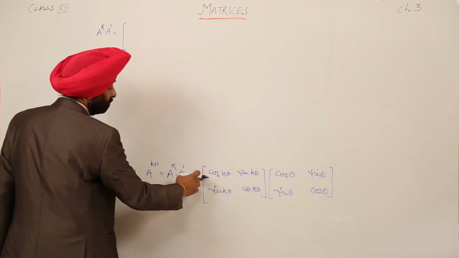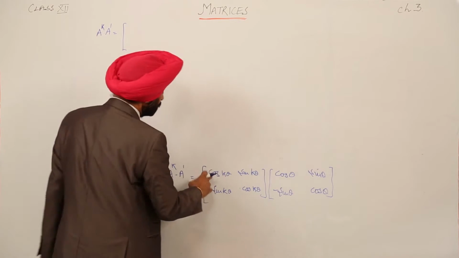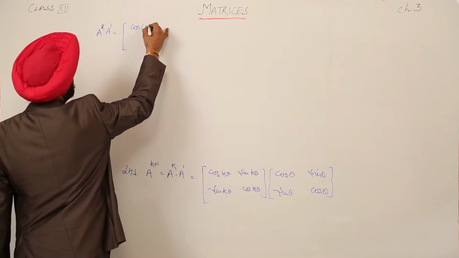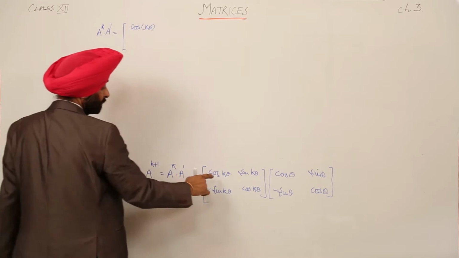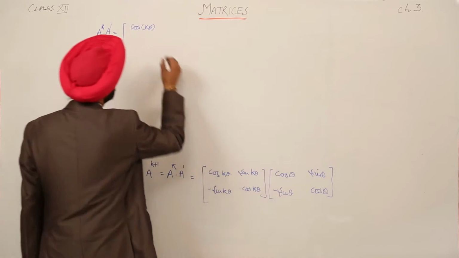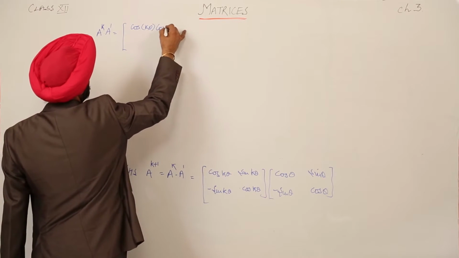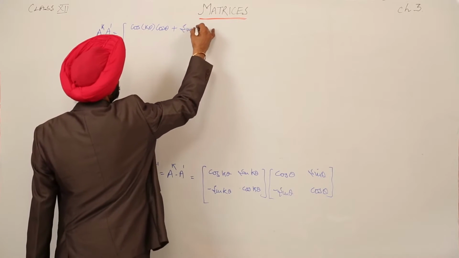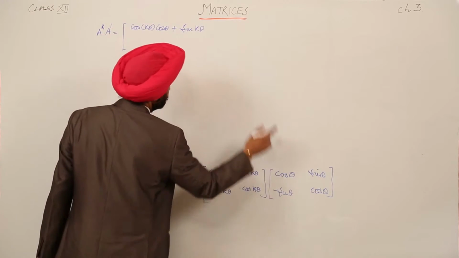Now I am multiplying this by this. Okay. So we are having rows with columns. Cos k theta with cos theta plus sin k theta with minus sin theta.